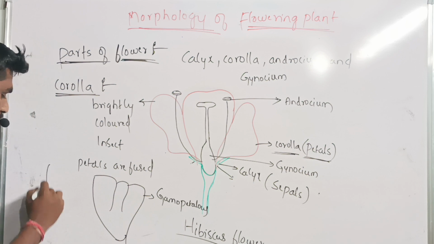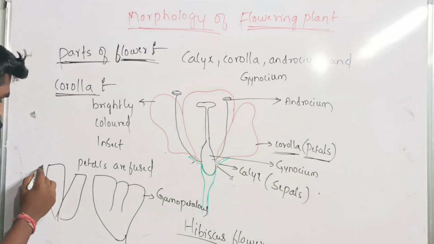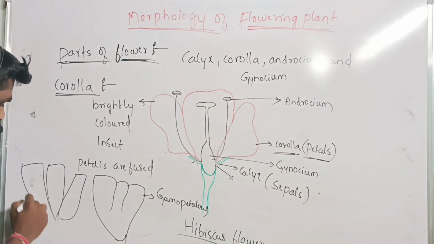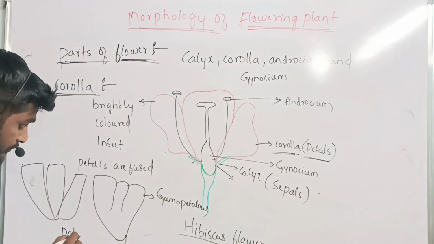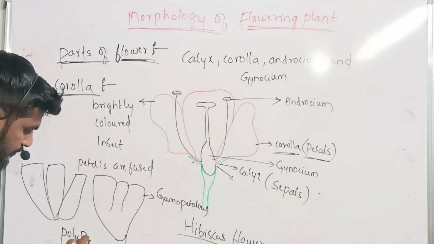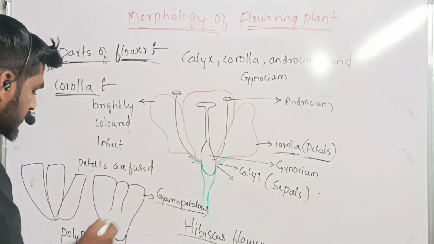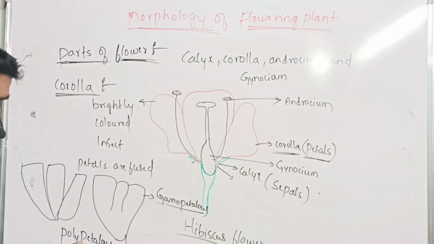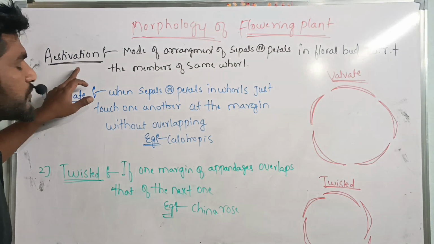If the petals are free, like this, we call it polypetalous. After studying calyx and corolla, we need to understand the aestivation.